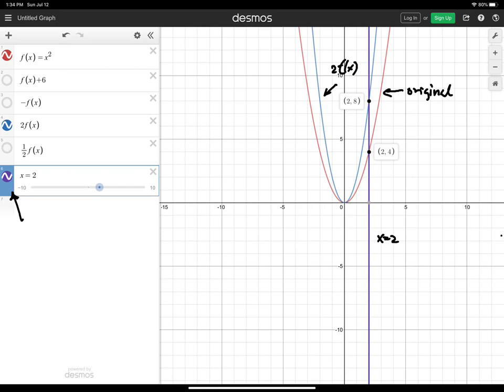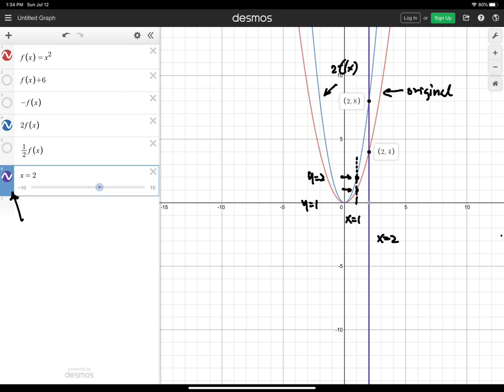Okay? And that's not the only point. If you look at, say, right here, that's x equals 1. So in this case, you've got y equals 1 and y equals 2.